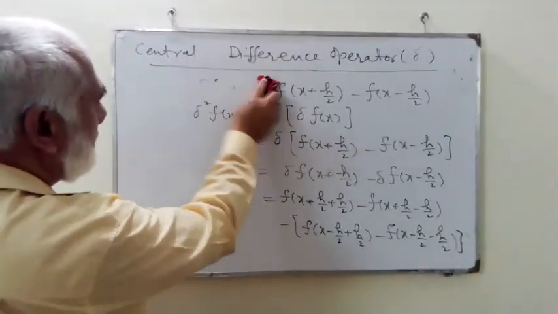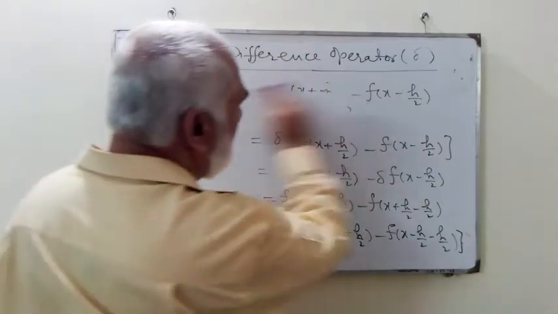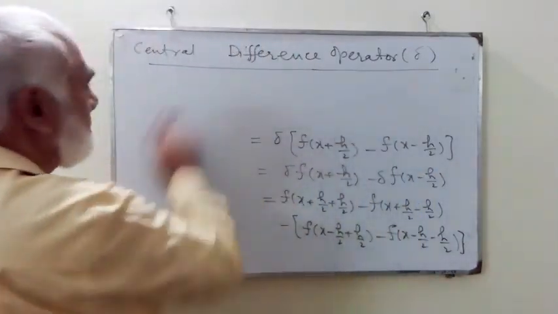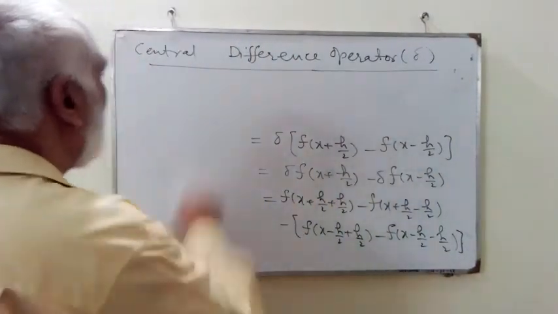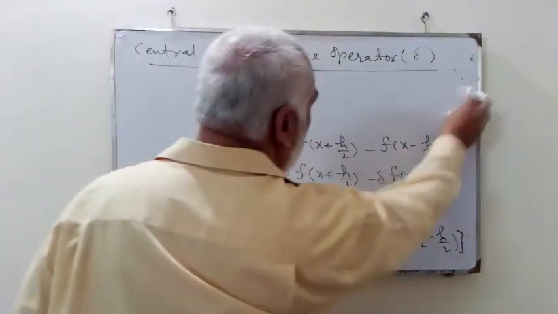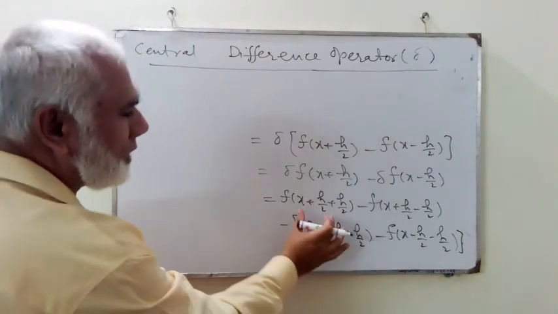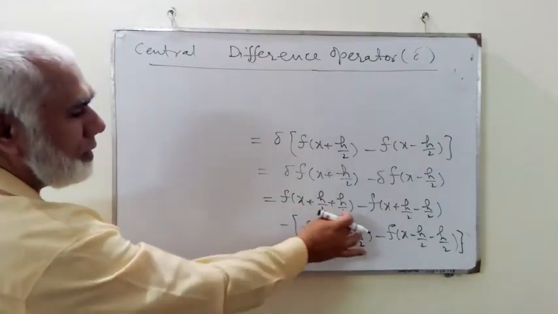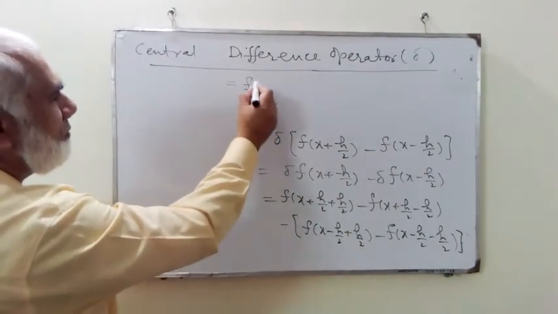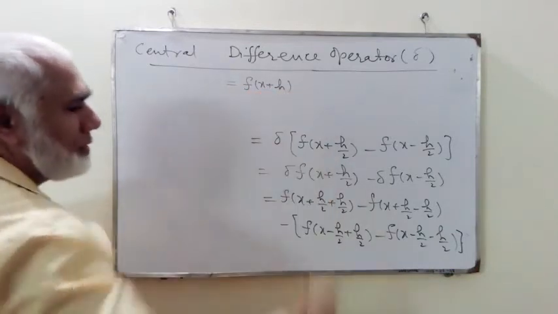I am going to raise it to create a space here. Now we apply the simplification to the last result. Looking at it, f(x + h/2 + h/2) is equal to f(x + h), the first one.